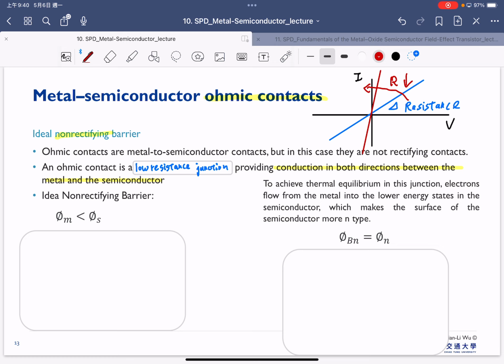The reason we have the ohmic contact is because of the correlation between the metal work function and the surface potential. Now assume the case where our phi m is smaller than phi s.